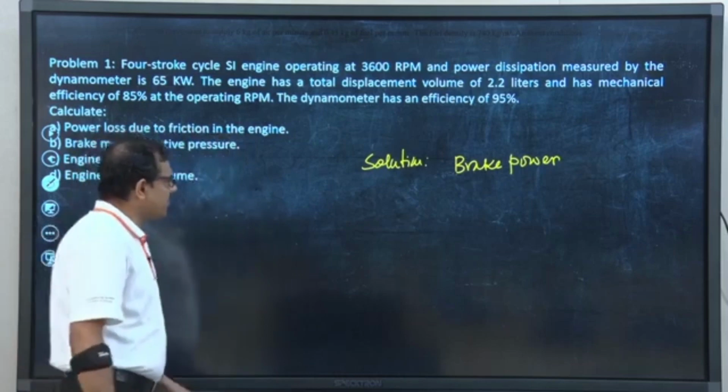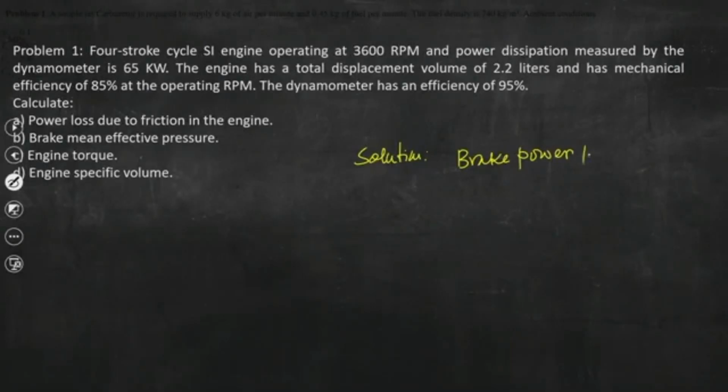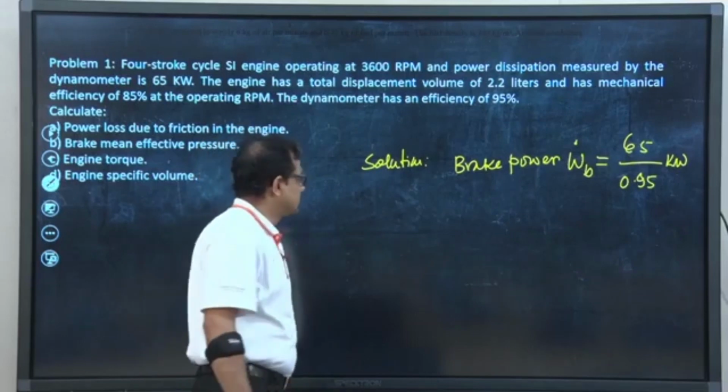So, brake power we can write W_B dot, that is 65 kilowatt divided by 0.95. I am not going to calculate it, because brake power we can easily calculate, that is W_B dot, the dissipation measured by the dynamometer, 65 kilowatt, divided by 0.95, because the dynamometer itself has an efficiency of 95%. So, the dynamometer is not 100% efficient.